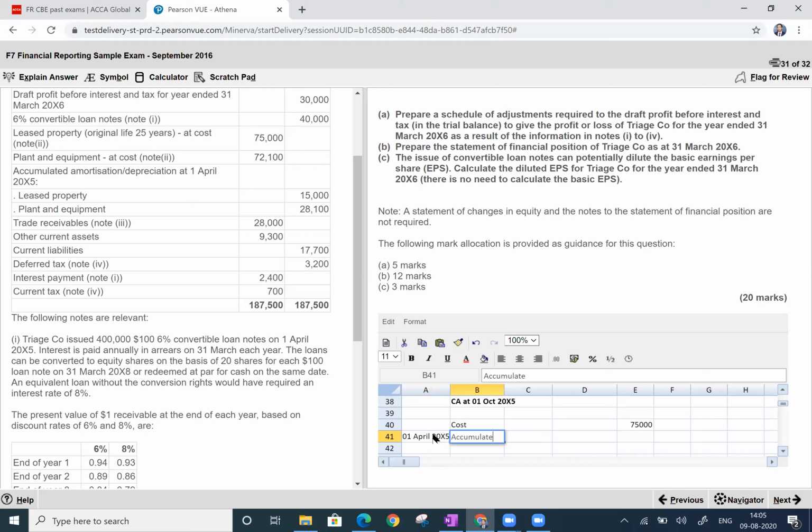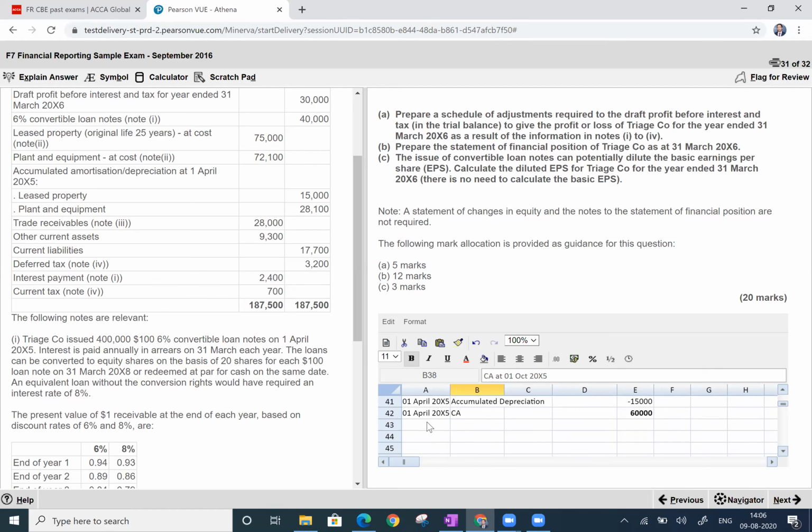So what you have to do is subtract accumulated depreciation of 15,000. When you subtract, you'll get the carrying amount. But now don't go there and compare. Why? Because this carrying amount is as at 1st April X5. We need to know the carrying amount at 1st October 20X5.